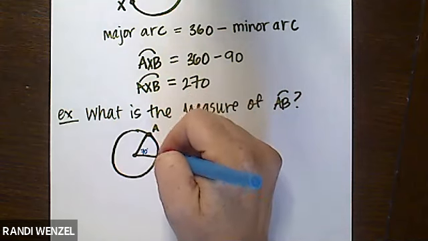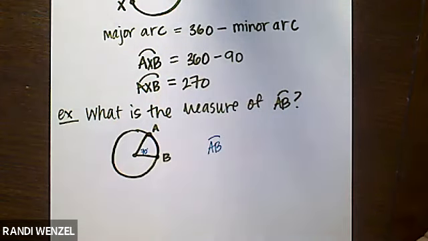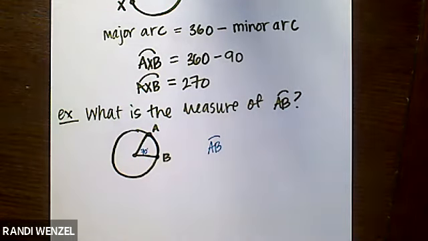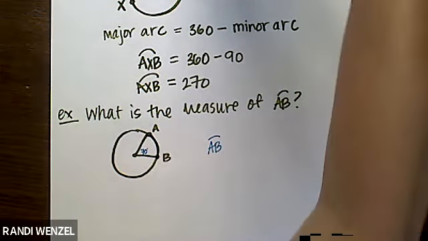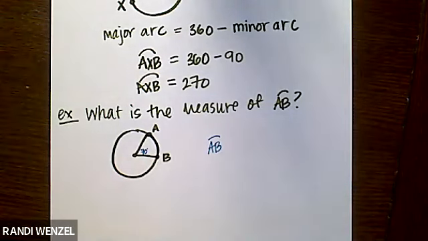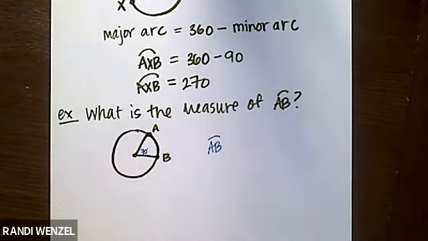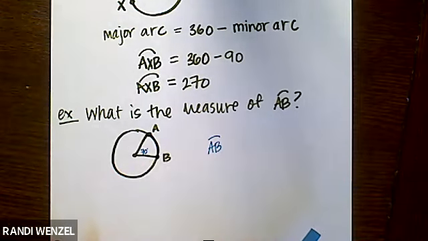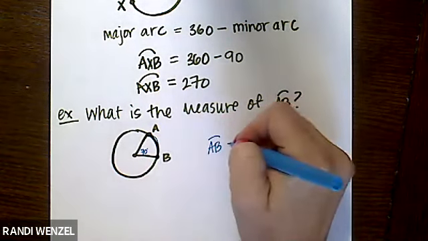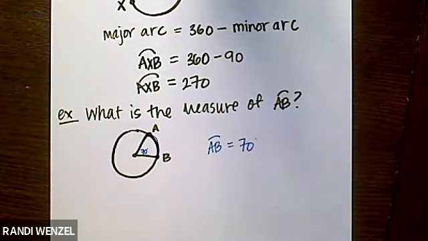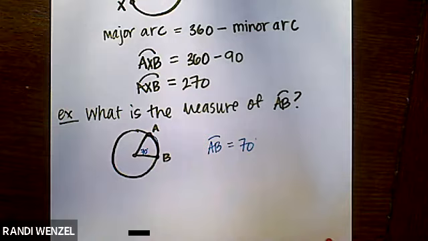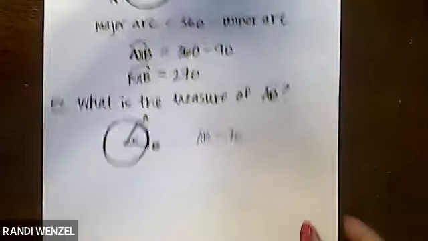Remember, arc AB is from here to here. It's a minor arc. And this is 70 degrees if you can't read my writing. So just remember, the minor arc is equal to the central angle. If this is 70, then this right here is also 70. So hopefully you caught on to that. Let's do another example.